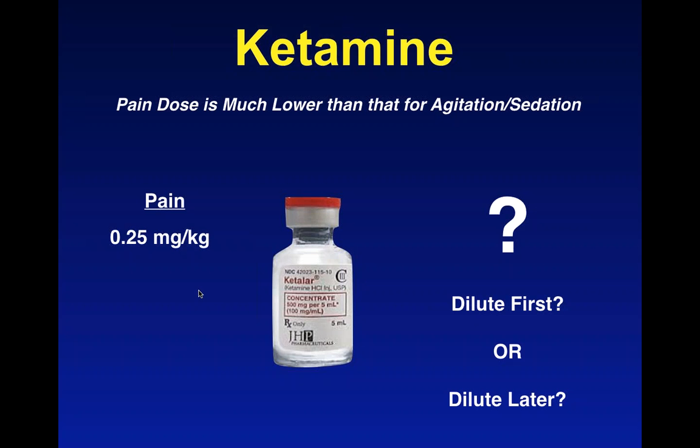Or do you say, here's the volume of 10 to 1, let's say it's 0.1 ml, and then after you have the 0.1 ml, you add some saline to dilute it to a volume that can be given over 60 seconds? I haven't heard any good answers on this one.